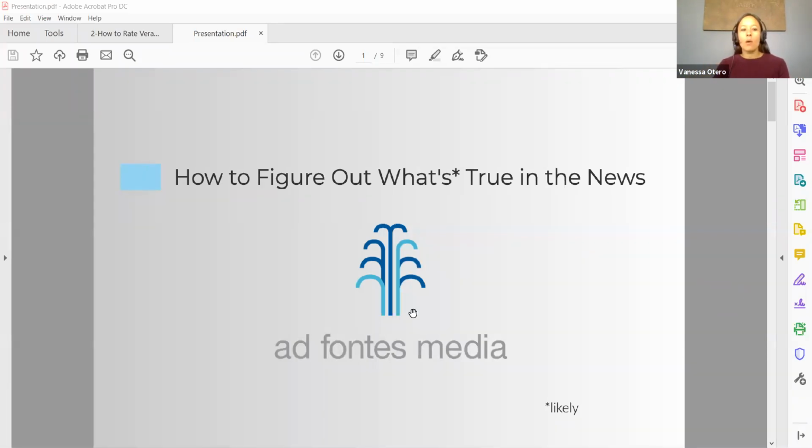So what we're going to start with is throwing out some binary definitions that a lot of us are used to, and especially a lot of folks who maybe haven't taken philosophy or psychology classes. So we're going to throw out the false binary of true or false.